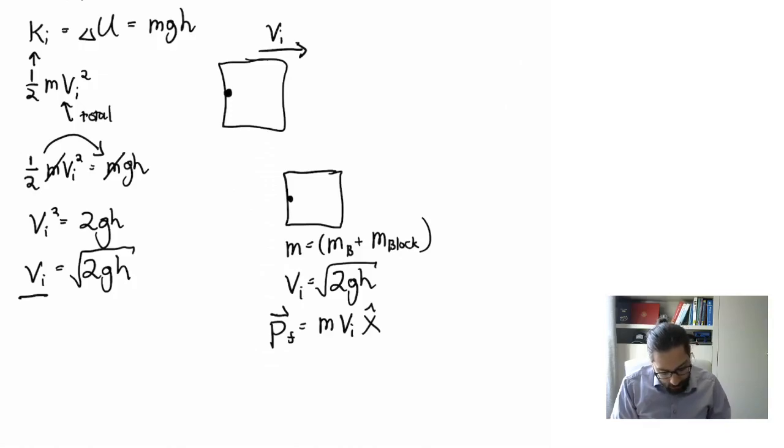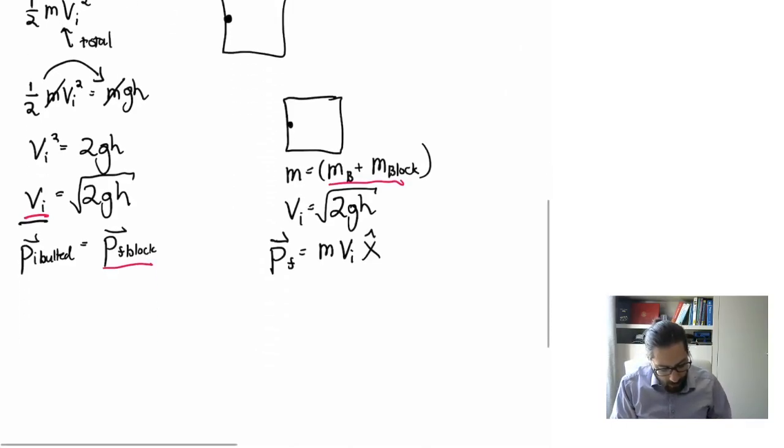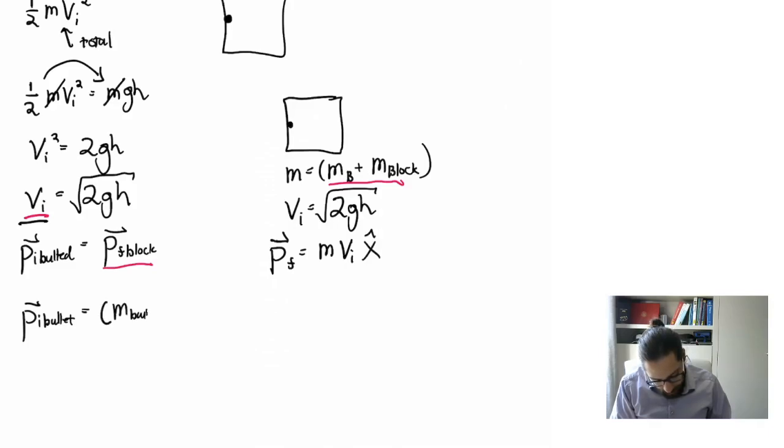So we can write down, okay? We know this, right? It's the initial velocity times the total mass of the system. Therefore, the initial momentum of the bullet is just going to be m bullet plus m block, right?